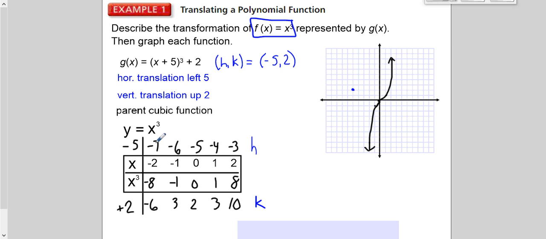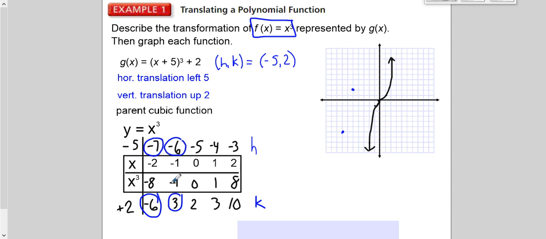So here we go. When we graph these points, we're going to use the very outside. Negative 7 goes with negative 6. Negative 6 goes with 3. So back 6, up 3.